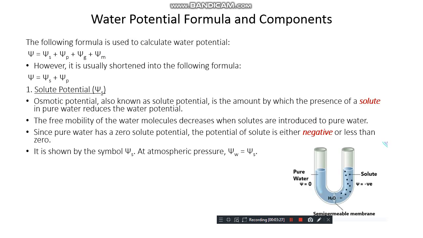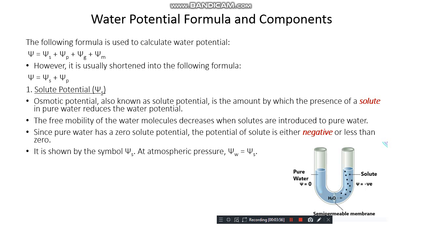So what are the components and the formula of water potential? The formula is: water potential equals the solute potential, plus pressure potential, plus gravitational potential, plus matric potential. We can see them one by one. First, solute potential. Solute potential is the potential of water created by solutes in the solution.